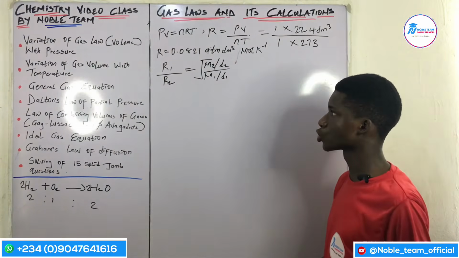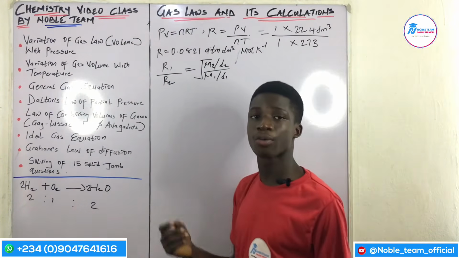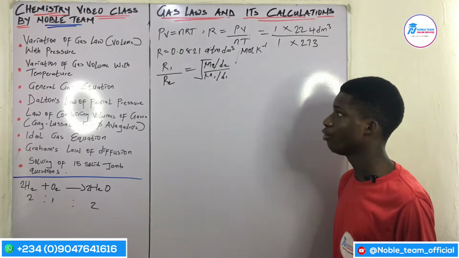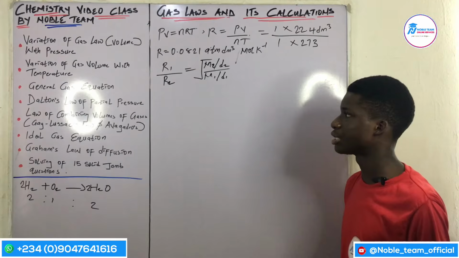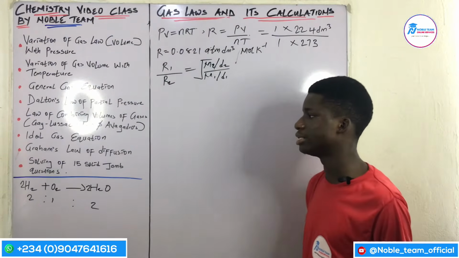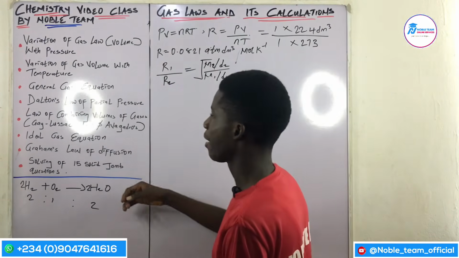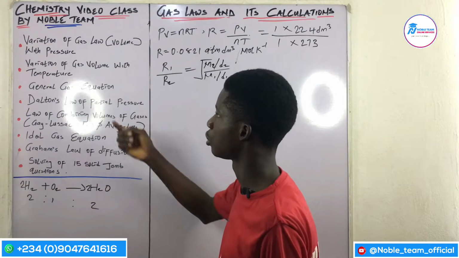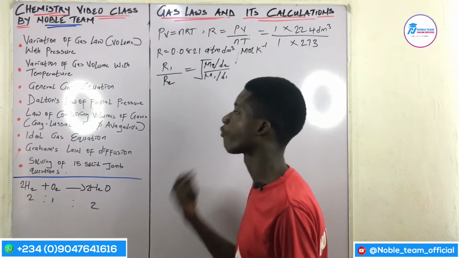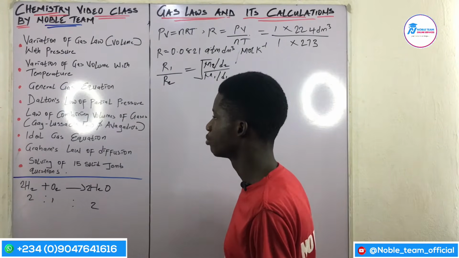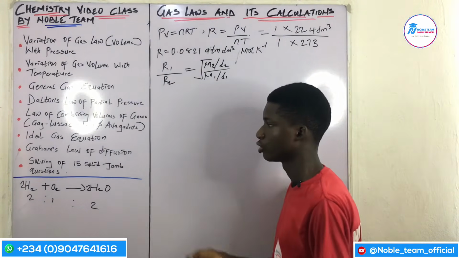So I want us to solve some real exam questions that we see, because these things are very, very easy. Do you understand? Now let's solve questions under this. Make sure that you have mastered everything we have done in Boyle's law, Charles' law, general gas law, Dalton's law of partial pressure, law of combining volume, ideal gas equation, and Graham's law of diffusion.